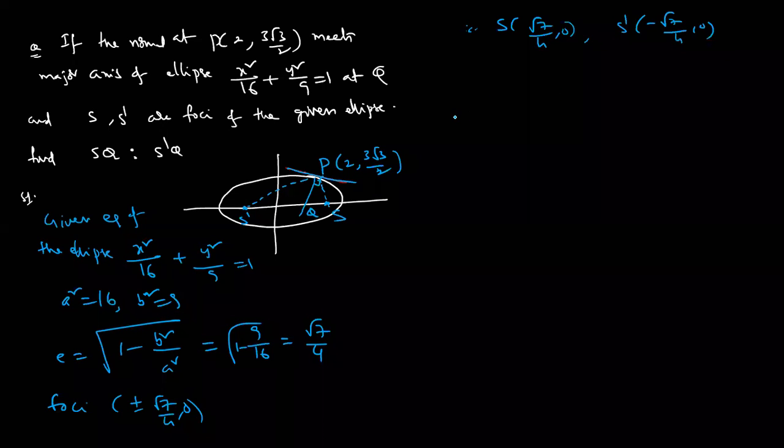Now what is the concept here? The normal PQ behaves as an internal angular bisector, this angle is equal.